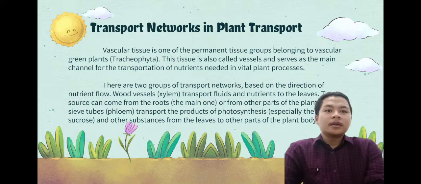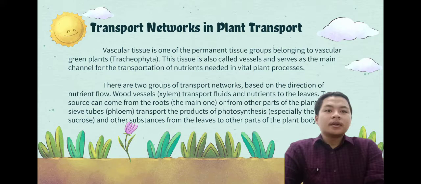There are two groups of transport networks based on the direction of nutrient flow, where vessel xylem transports fluids and nutrients. The source can come from the roots, or from other parts of the plant.